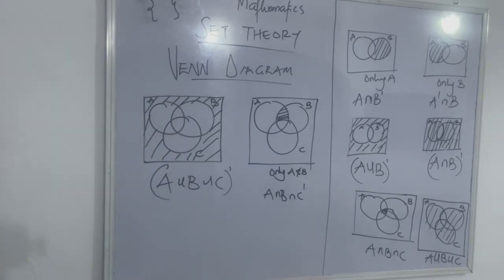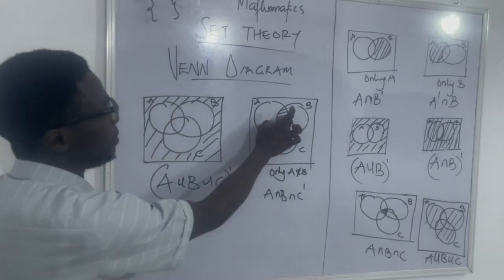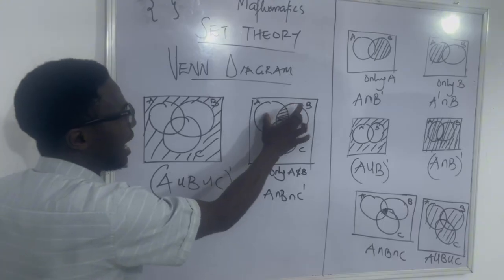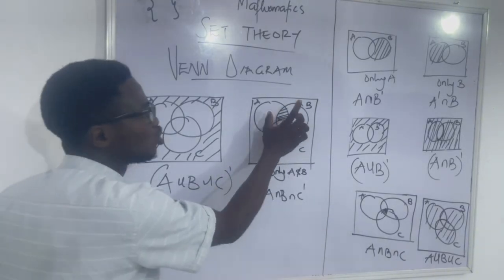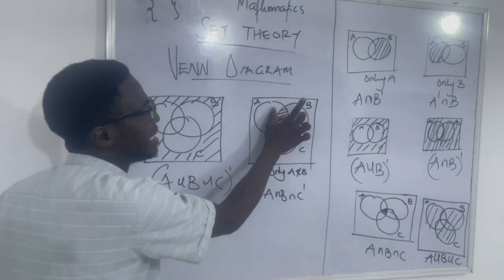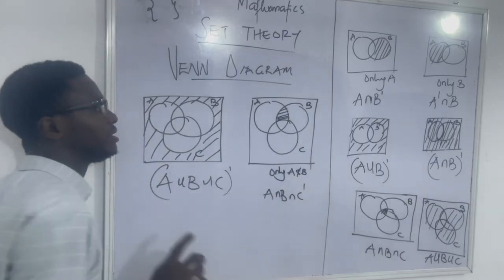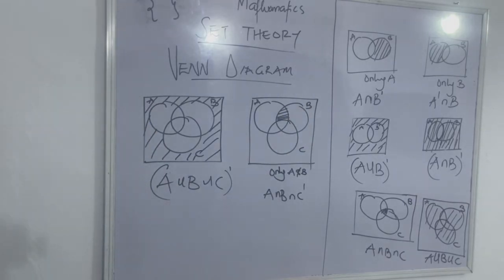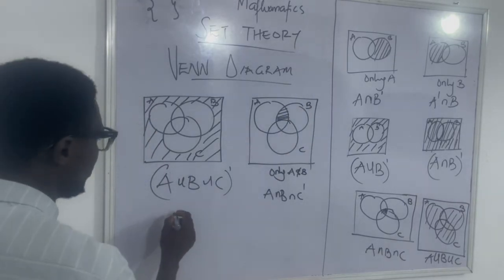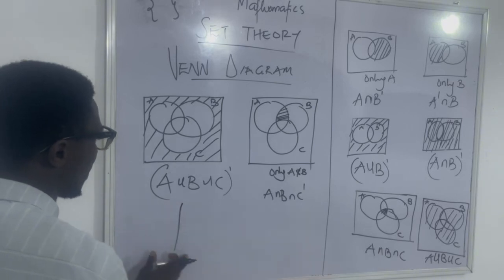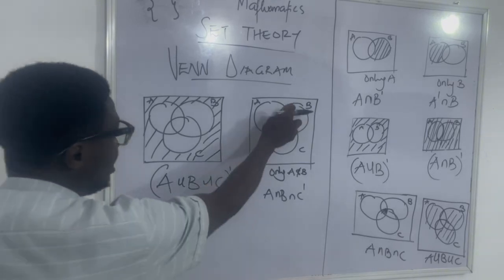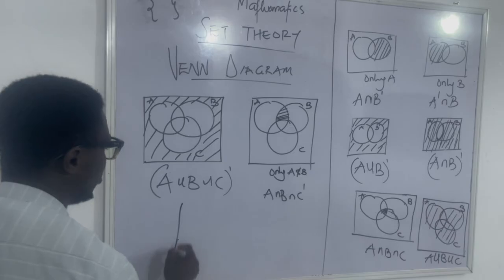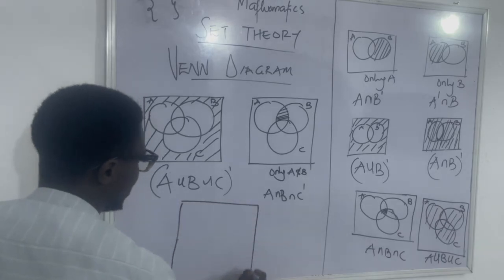That is, C is not a partaker. It's only A and B. If they said how many students offered only agric and biology, this will be it. Are we together? So how many students offer only agric and biology? That will be the representation.